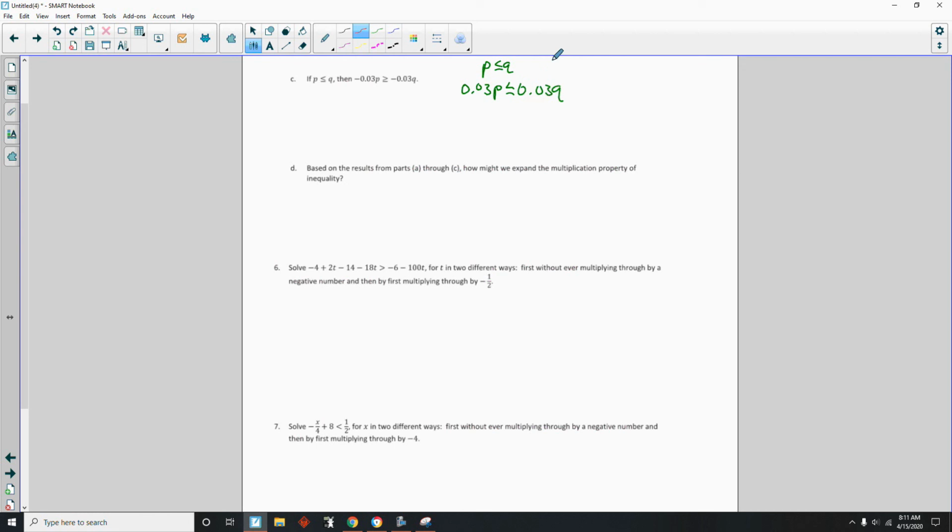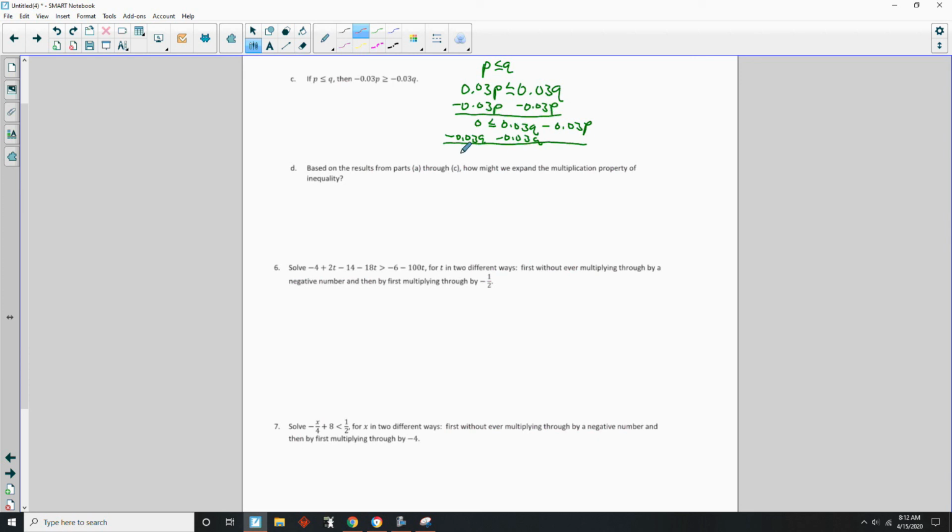Okay, but then if I subtract 0.03p from the left and the right, okay, then I get 0 is less than or equal to 0.03q minus 0.03p. Subtract 0.03q from both sides.